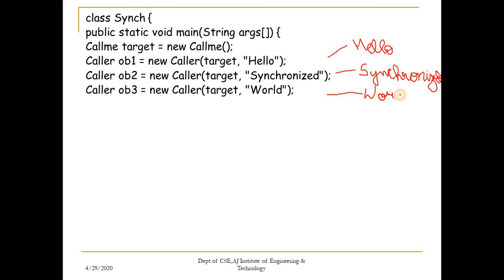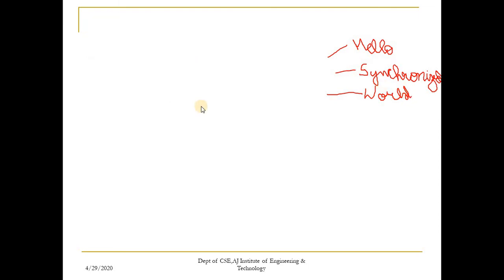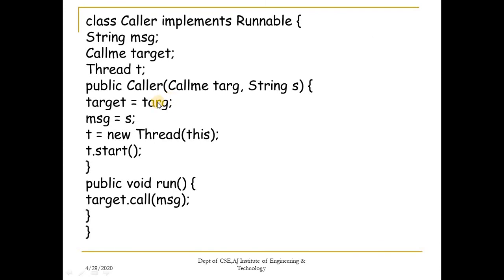So three child threads are created, since each call to the caller constructor creates a thread. Those three threads will be started and will run. Inside the run method of each thread, you just call the call method of the CallMe class.